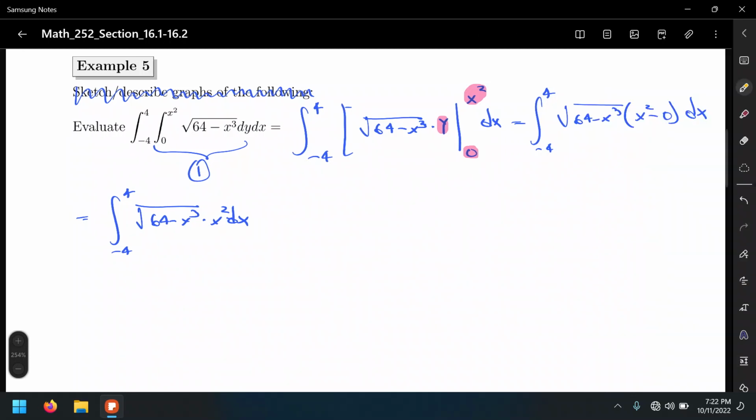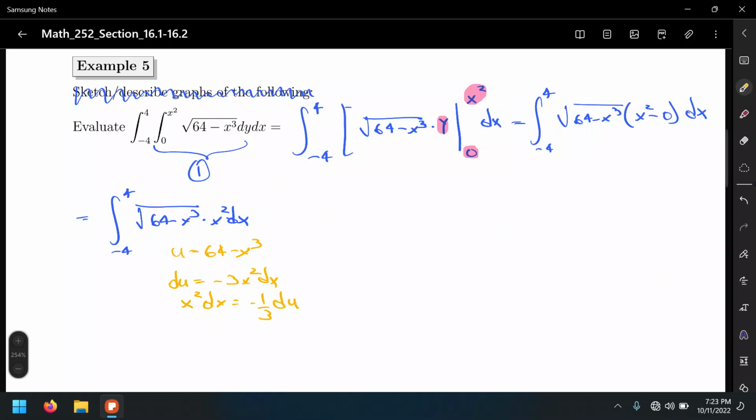So let's do u equals 64 minus x cubed, and du equals negative 3x squared dx, where x squared dx equals negative 1/3 du.